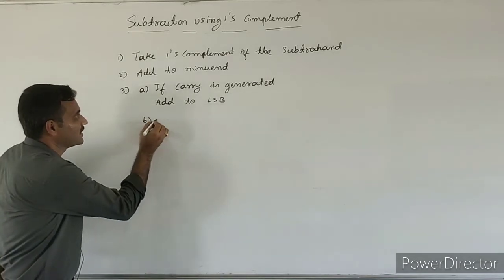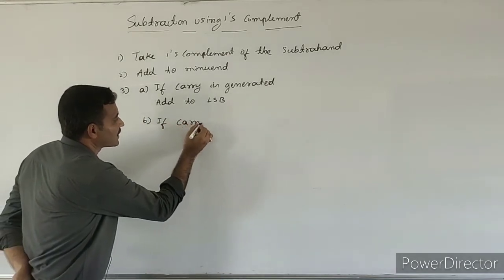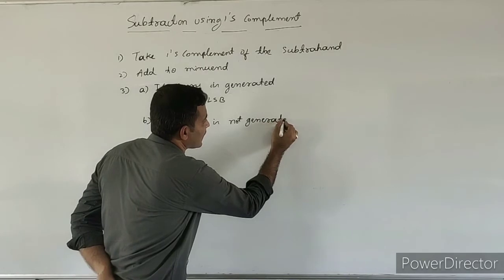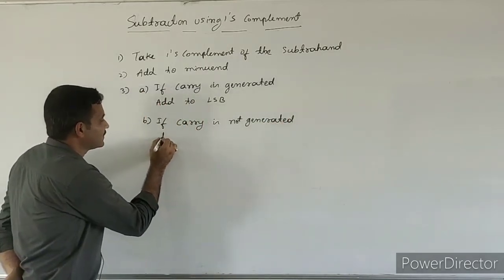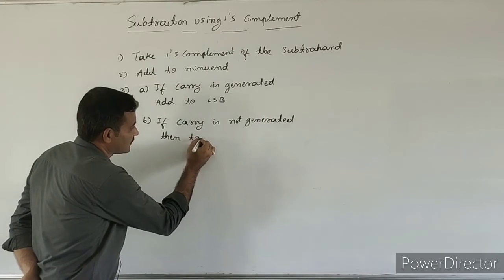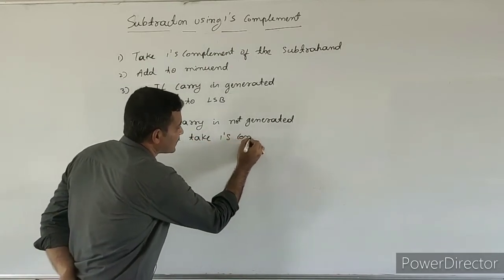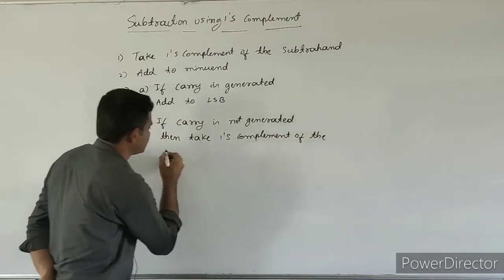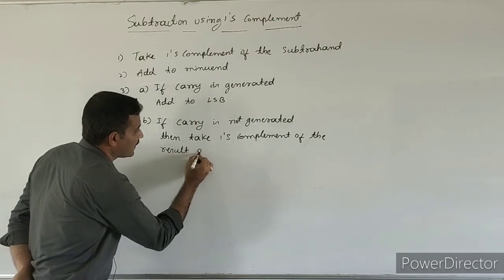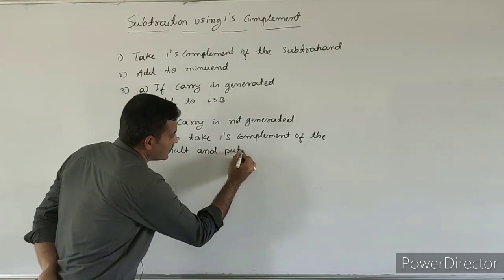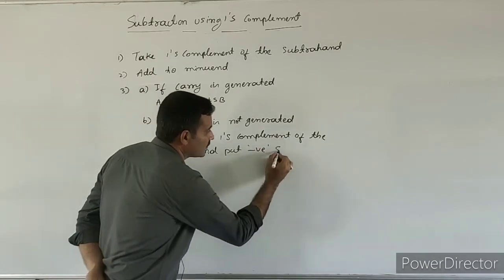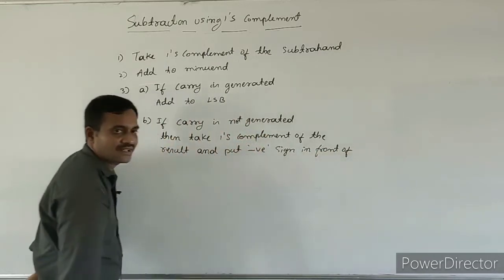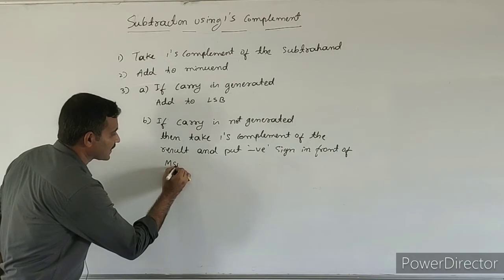Second case, if carry is not generated, then take 1's complement of the result and put a negative sign in front of the most significant bit.